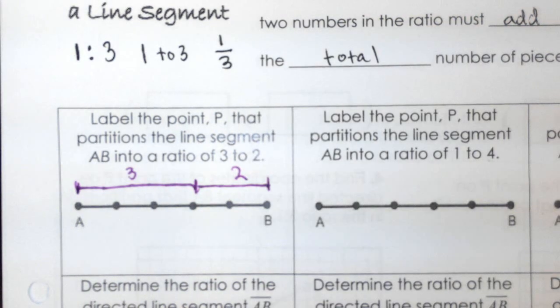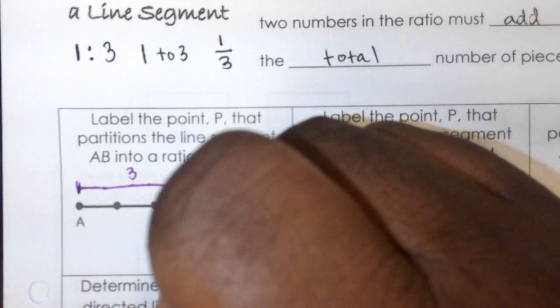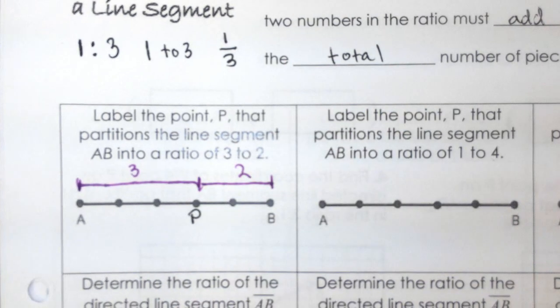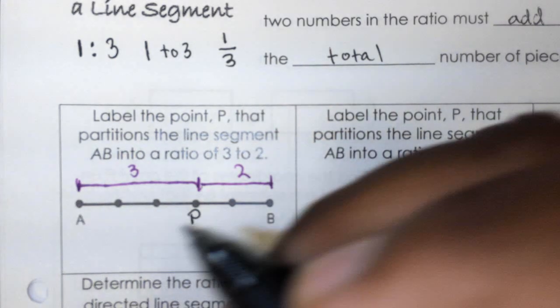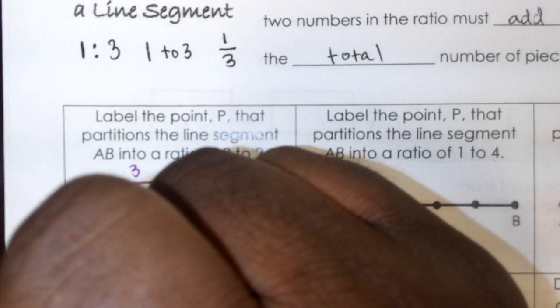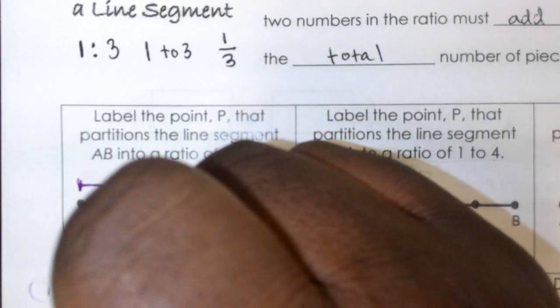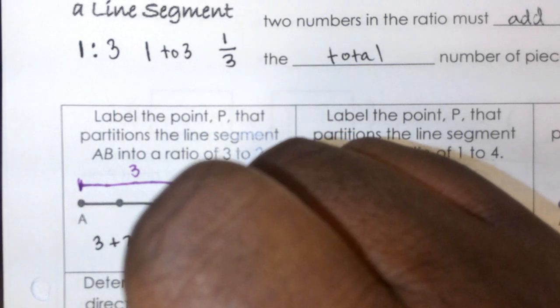When we do that, my partition point P will be here. The other thing you want to know for future reference is just how many segments you have in total. To figure that out, just add the split together. It's 3 plus 2, 5 segments in total.